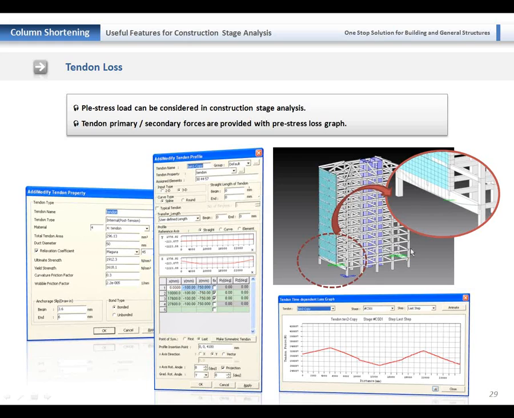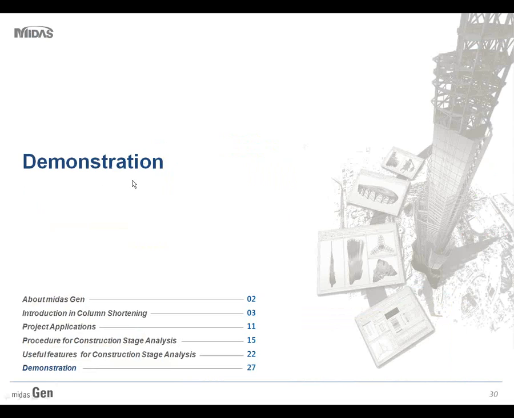So we can consider the tendons in the beam element. Then I just explained the desired steps and useful features for the construction stage analysis. Then I would like to show you which data we need to enter and how we can do it with MidasGen.